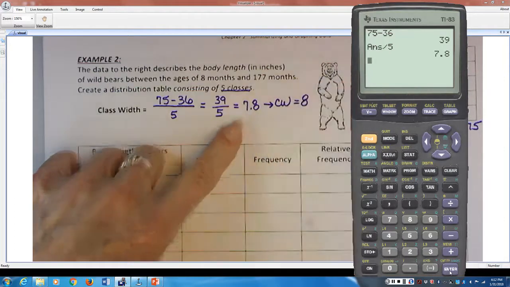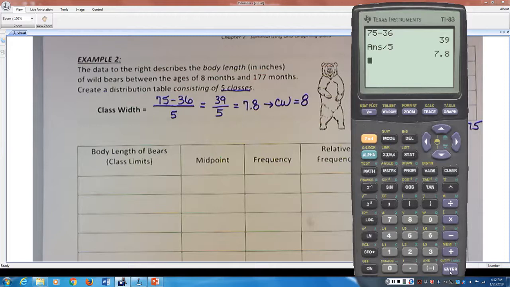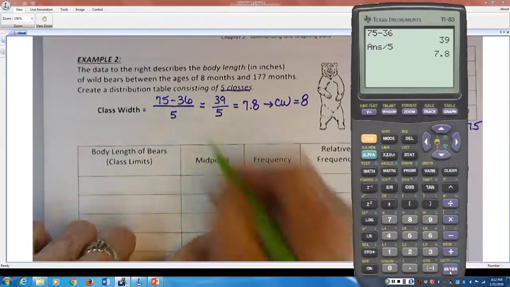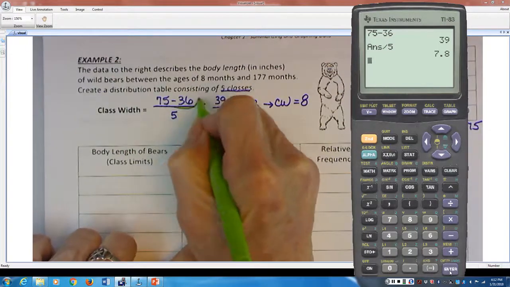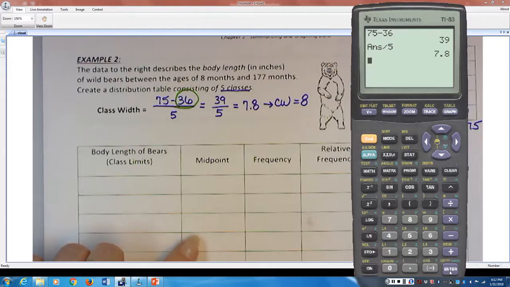And I round up to 8 because those bear lengths are also in whole numbers. So I round to a whole number. Okay? So my class width will be 8. My shortest, littlest bear, probably that little 8-month-old up there, is 36.